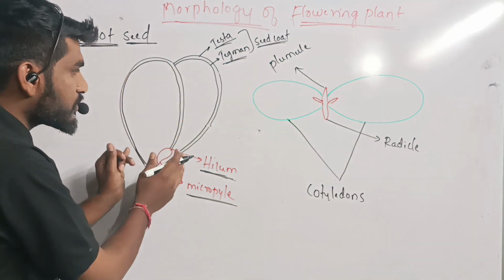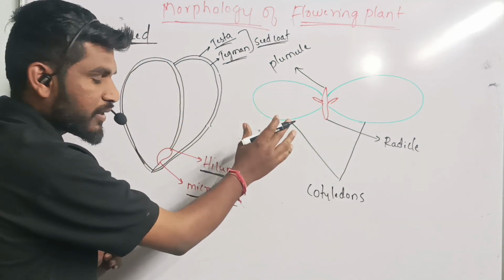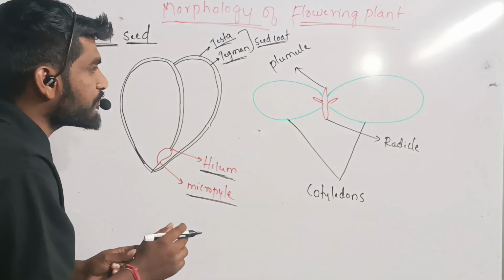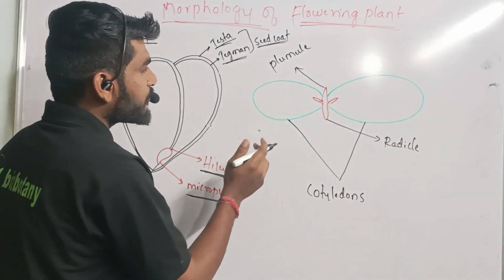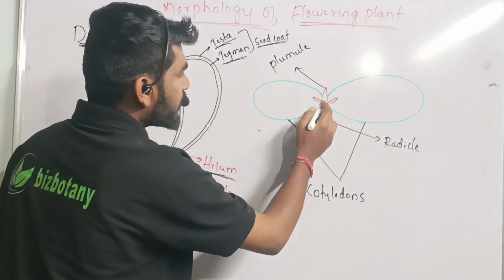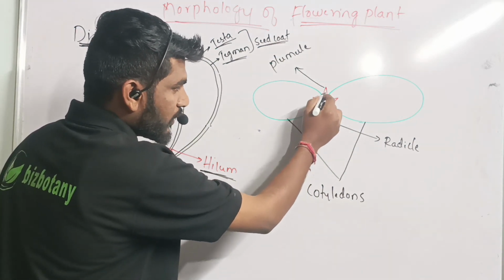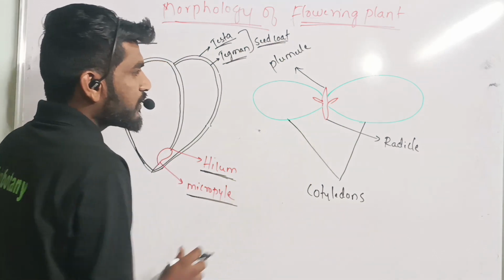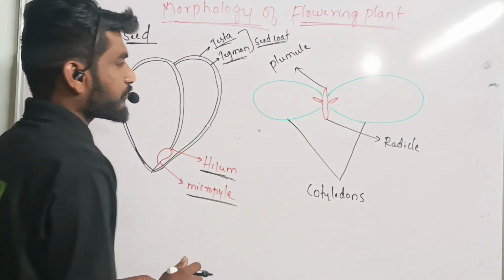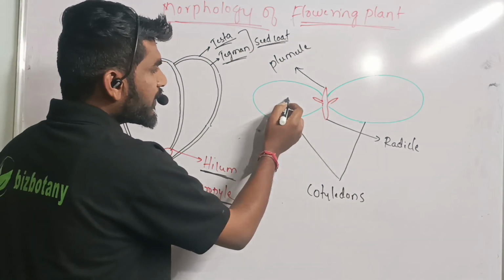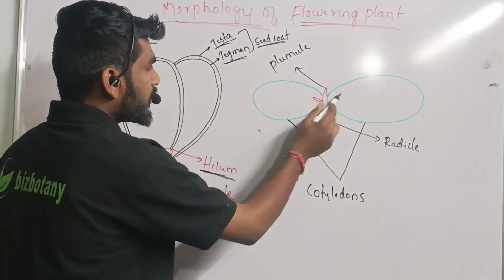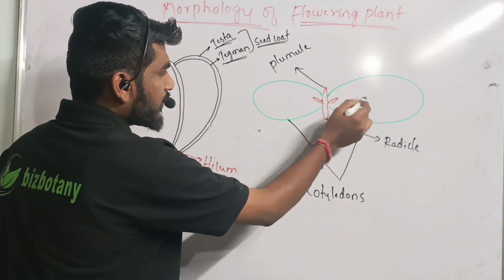Inside the seed coat, you can see the embryo. The embryo of the dicot seed consists of two cotyledons and the embryonal axis. Complete this region we call the embryonal axis. In dicot seeds, two cotyledons will be present.